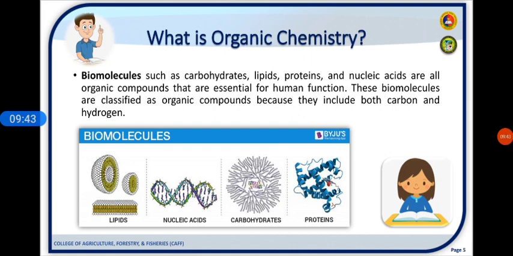Because I have mentioned that these molecules are produced by cells and living organisms, and on the previous slides, I have mentioned that organic compounds originated in living organisms. That is why biomolecules are considered organic compounds, and they are very essential for human function. These biomolecules are classified as organic compounds because they include both carbon and hydrogen in their molecules.